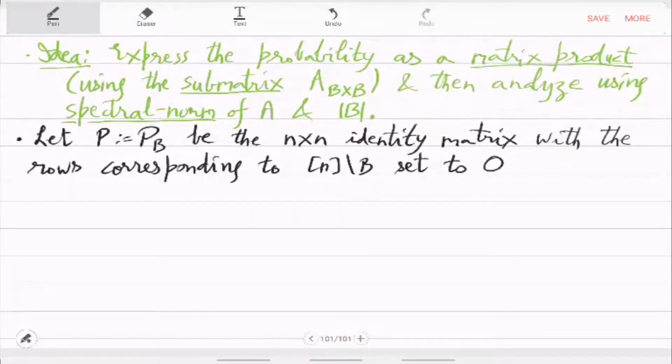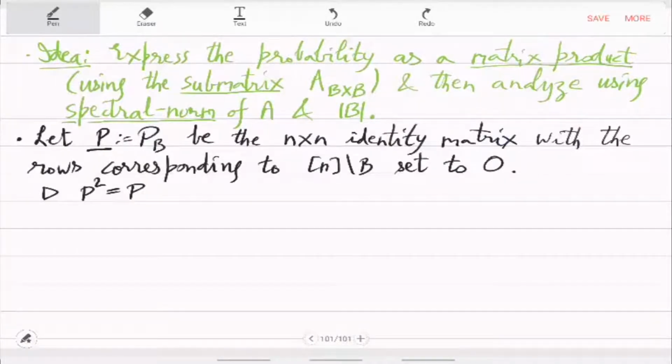Basically, kill the ones in the positions of b complement and keep the others. That's your matrix P. And you can easily see that P square is P, because identity square is identity, and 0 square is 0. So you have P square equal to P.